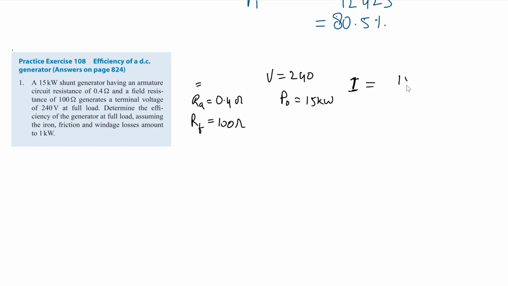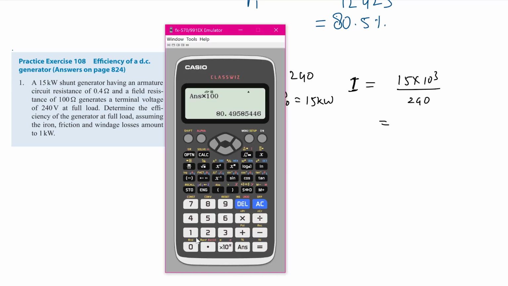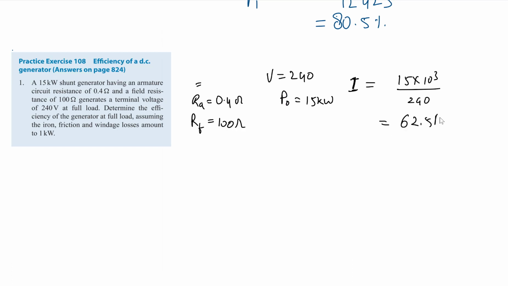That is 15 kilowatt divided by 240 volt, which is 62.5 ampere. 62.5 ampere current the load is drawing.